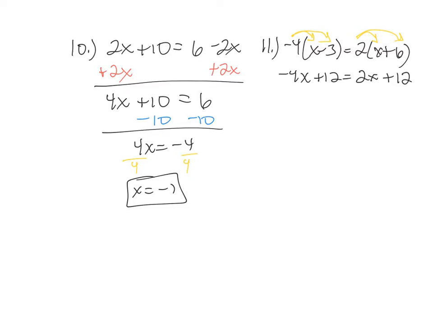Okay, so move the smallest x. So negative 4 is smaller than 2, so I'm going to add 4x. The reason I do that is because it makes the x part positive most of the time, and that usually makes the problem easier. Okay, subtract the 12.